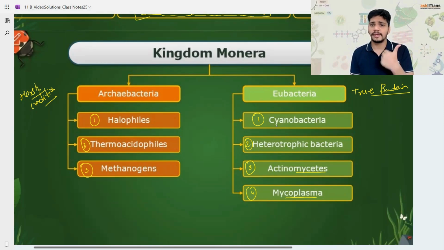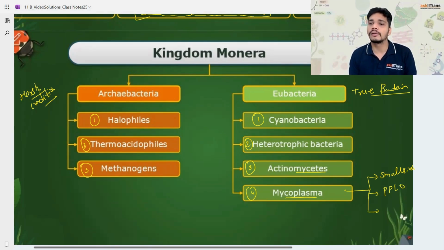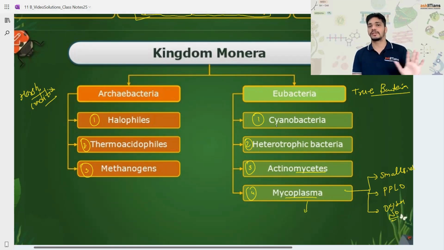Actinomycetes produce antibiotics. Mycoplasma are very small in size, they are PPLO, and they live without oxygen. No oxygen required. And they are dangerous for plants and animals.